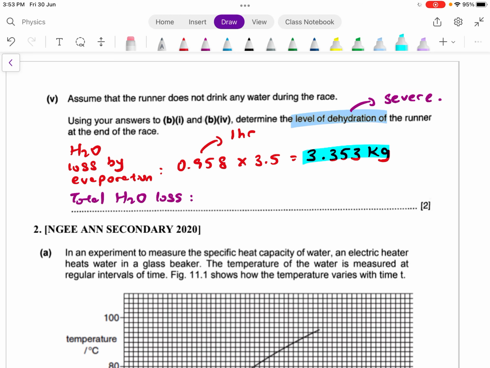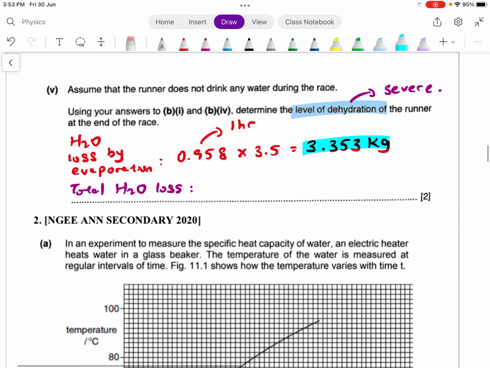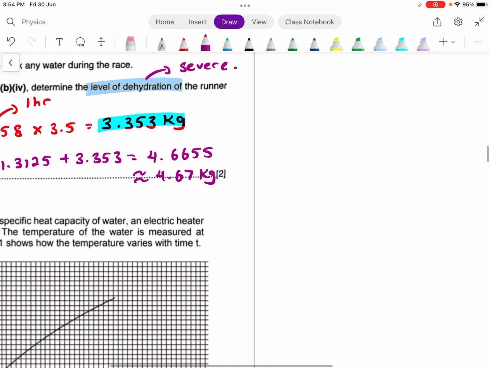For the total water loss, you need to add on this 1.3125 plus 3.353. So you will lose a total of roughly 4.6655, or roughly 4.67 kg of water throughout the race.